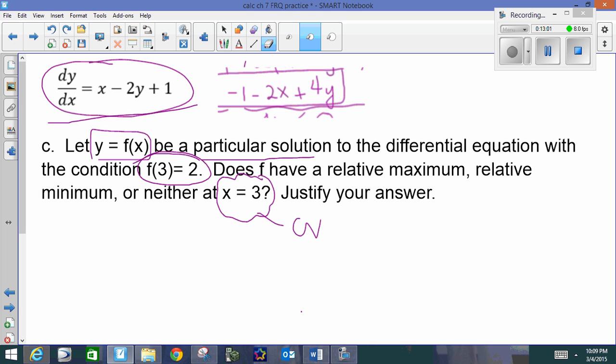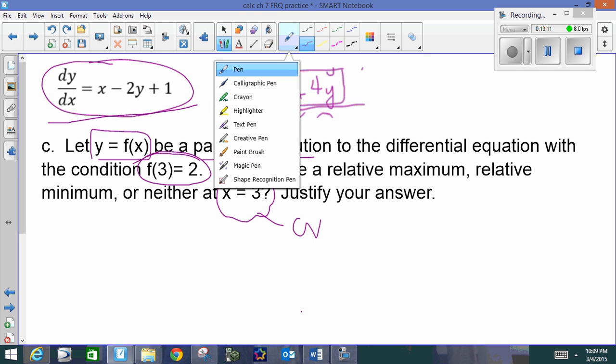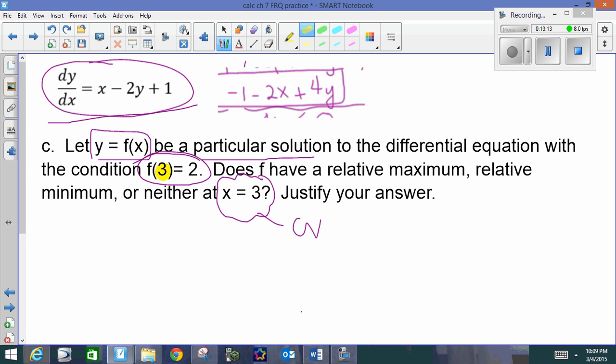So we don't have y equals f of x, we have the derivative of it, and then we also have a solution, and if you notice, that solution here matches this number right here. Okay, so they're telling us let's work with this critical value, and instead of doing interval testing, let's do the second derivative test.